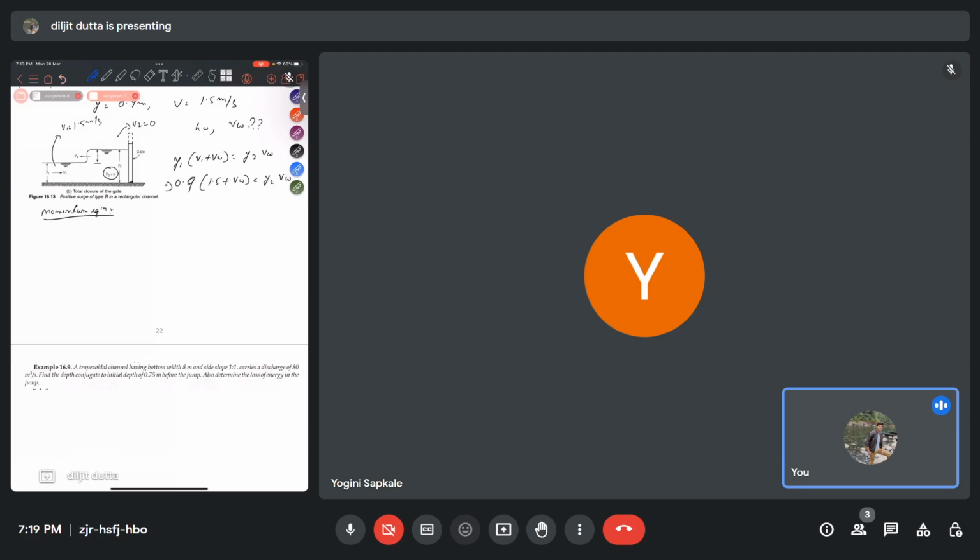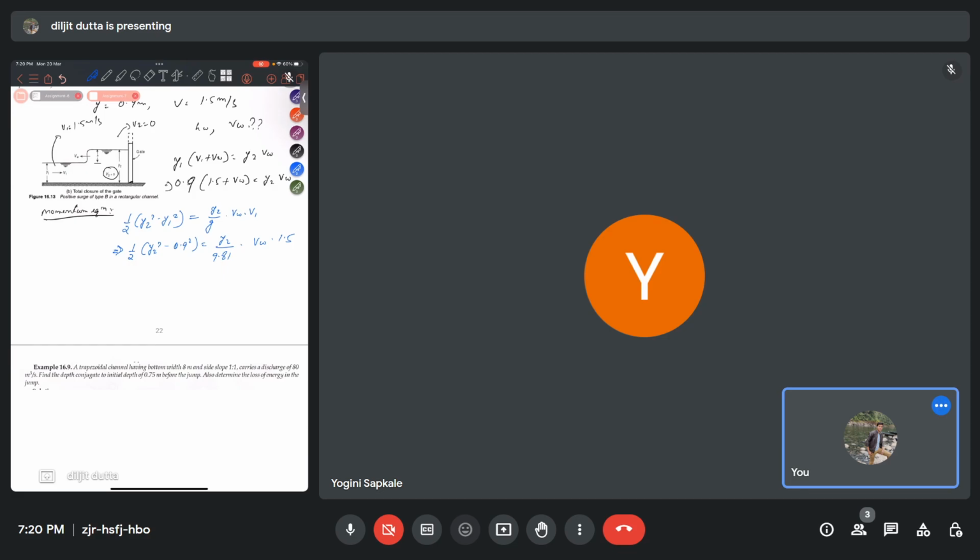So if you write the momentum equation, what will you get? The momentum equation gives half of (y2 squared minus y1 squared). We've seen the equation before, and I'm directly writing the equation here, I won't be deriving it, I have already derived it before. So it is y2 by g into vw into v1. So I can substitute the values: half of (y2 square minus 0.9 square) equals y2 by 9.81 into vw into 1.5.